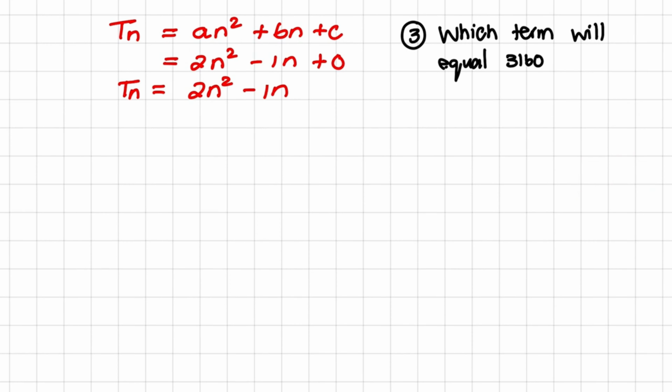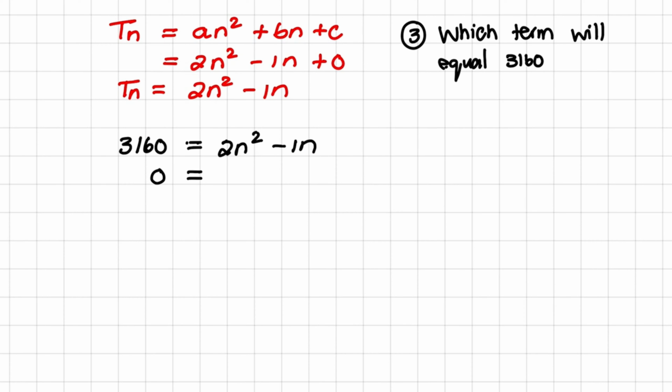So that means the Tn value is 3160, and I want to solve the value of n for where this would be true. So I substitute Tn with 3160, and I'm now going to solve for n.